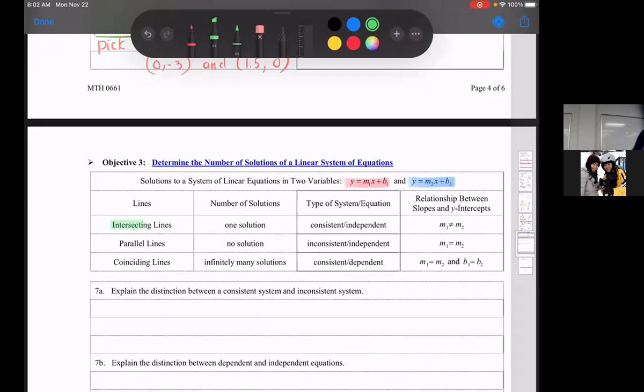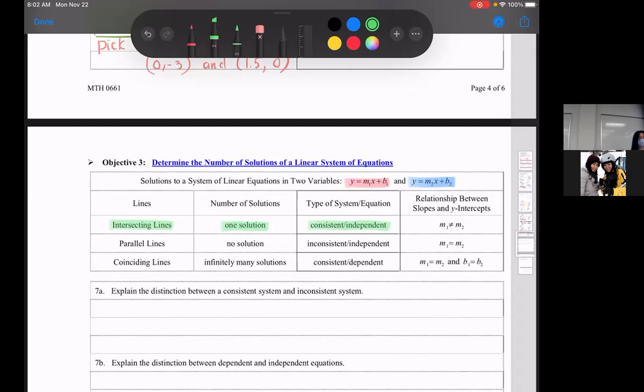Then I have one solution, and I will call that consistent and independent. Why is it consistent? Because it has a solution. At least one solution means it's consistent.